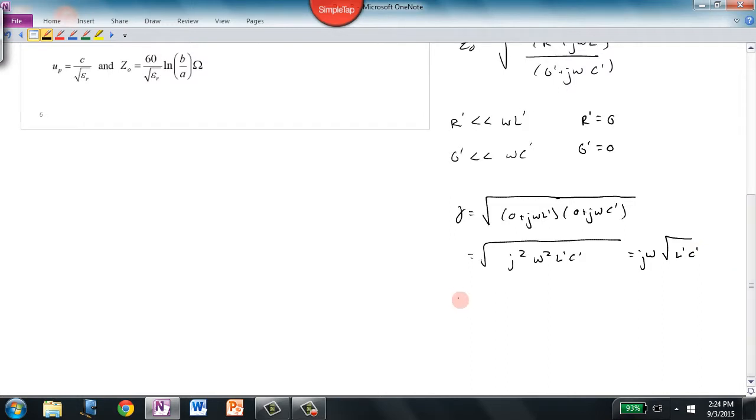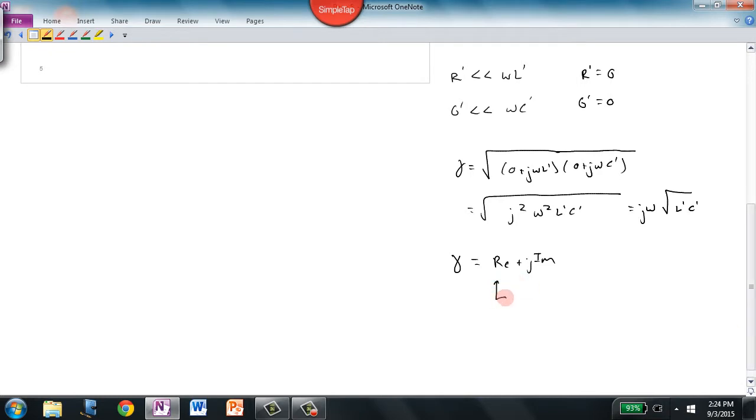So in general, not in the lossless case, but in general, when we take the square root of gamma, we're left with a real portion and an imaginary portion. As we showed previously, the real portion corresponds to the attenuation constant in nepers per meter, and the imaginary portion corresponds to the wave number in radians per meter.